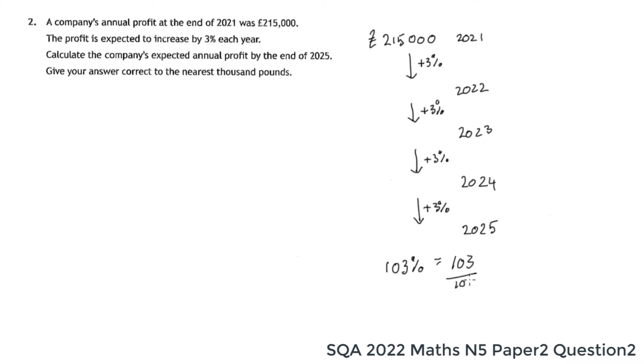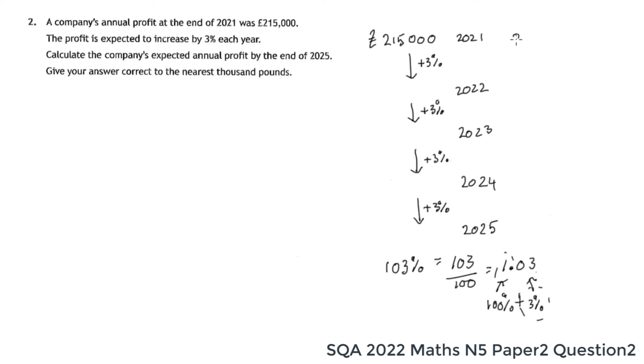103 divided by 100, which is 1.03. So this 1 tells you that it's the whole amount, and this 0.03 is your 3% increase. So we've got our 100% plus our 3%, and we've got what's called a multiplication factor of 1.03.